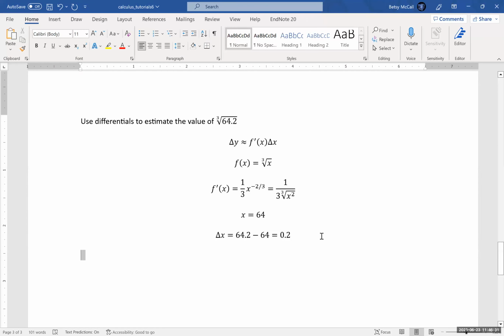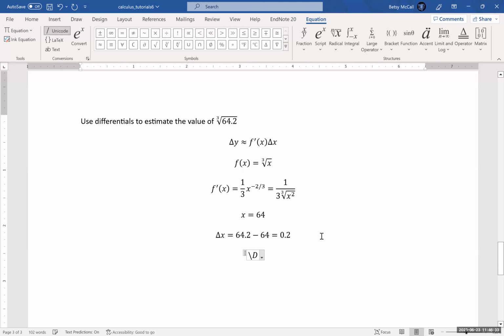Now we just start plugging stuff in. Delta y is going to be approximately f prime of 64 times our 0.2.